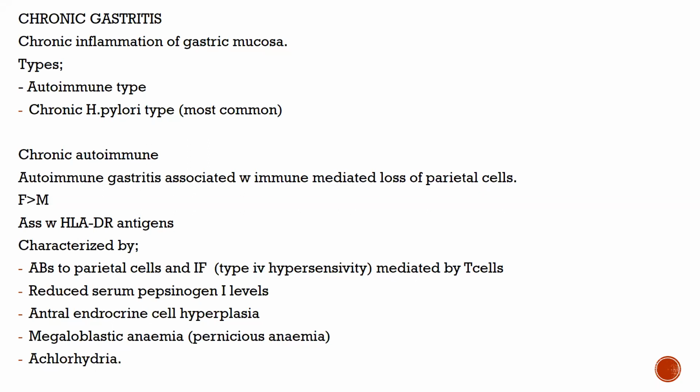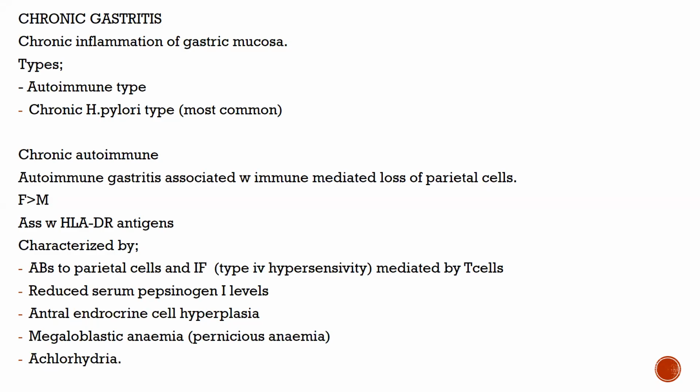So this one is associated with immune-mediated loss of the parietal cells. The body produces antibodies against the parietal cell. We said the function of parietal cells is to produce intrinsic factor, and also to produce hydrochloric acid.